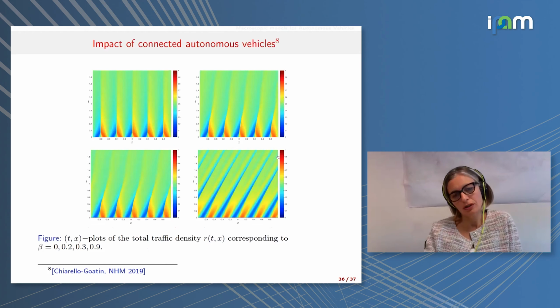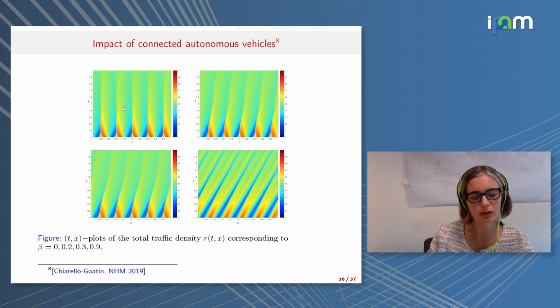And this is another illustration. These are TX plots of the total traffic density, so this is the sum of the two families of cars corresponding to different beta.